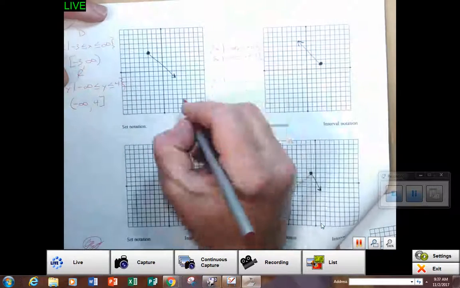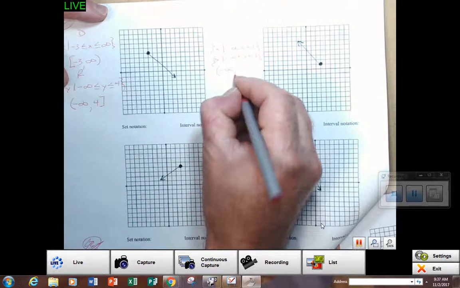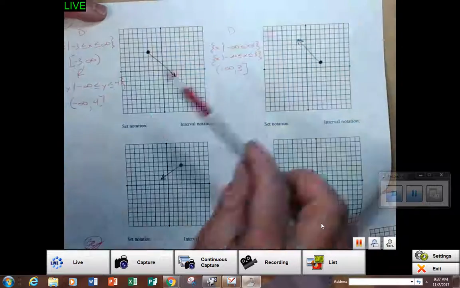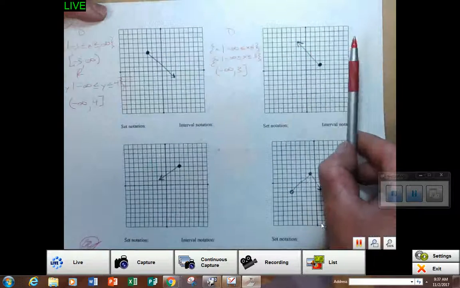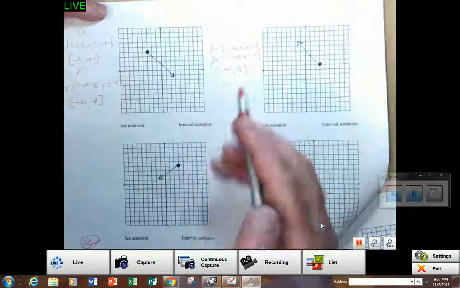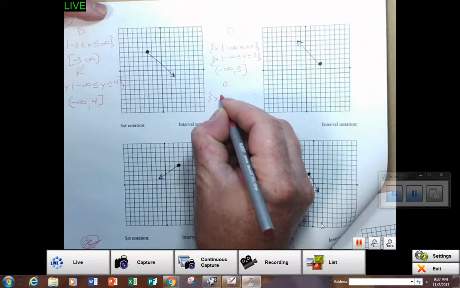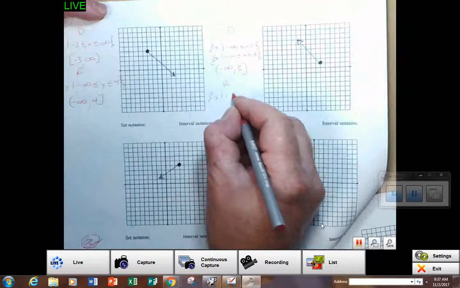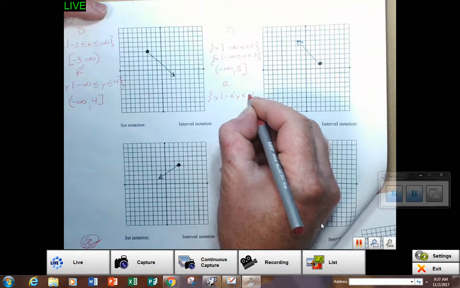If I did that, interval notation would be rounded bracket negative infinity to square bracket 3. Measured from left to right, negative infinity to 3. If I did my range, measured from bottom to top, I do have a definite bottom there, so I'm going to put y as positive 1 less than or equal to y less than or equal to positive infinity.